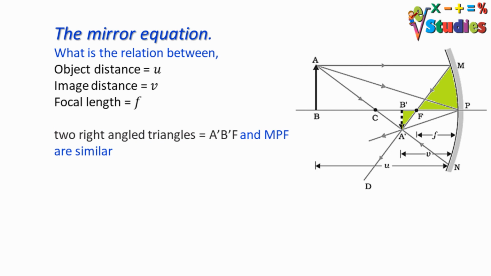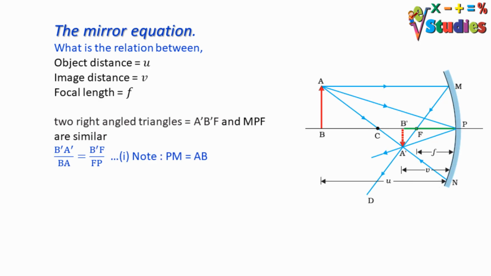Then look at the other triangle MPF, another green area highlighted, and these two triangles are similar. Now the ratio of B dash A dash to BA is equal to the ratio of B dash F to FP. Here note students that PM is equal to AB.